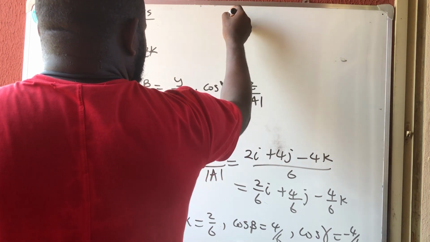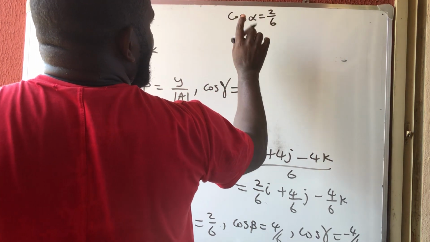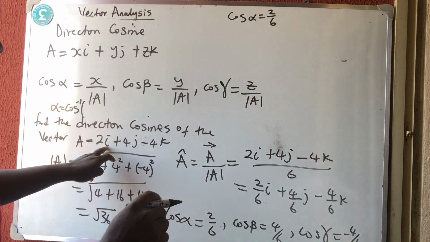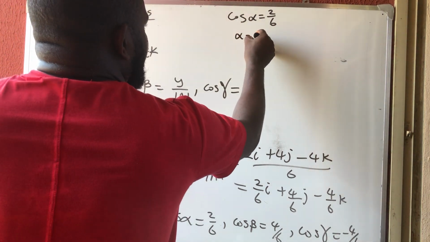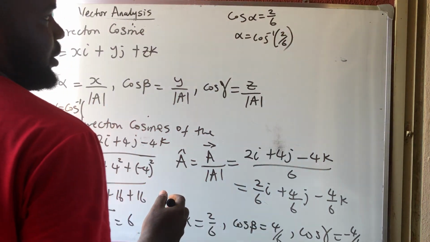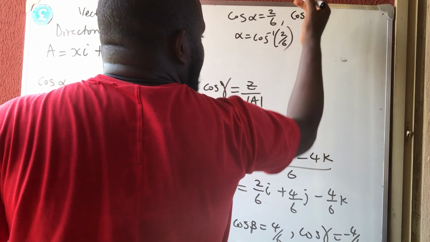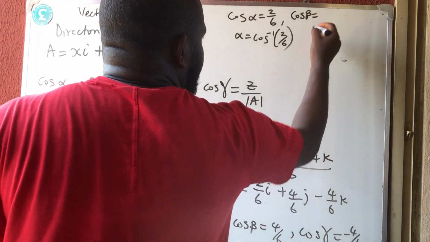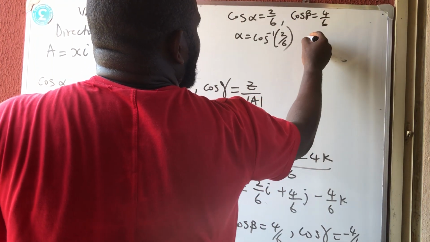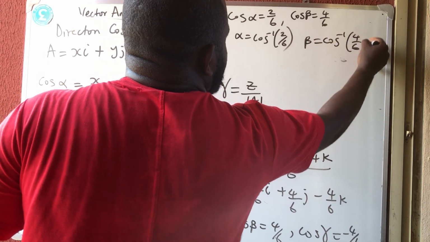Permit me to solve it here. Since cos alpha is equal to 2 over 6, the direction of the i component, alpha, is cos inverse of 2 over 6. For beta, cos beta, for the j component, is 4 over 6, so beta is cos inverse of 4 over 6.